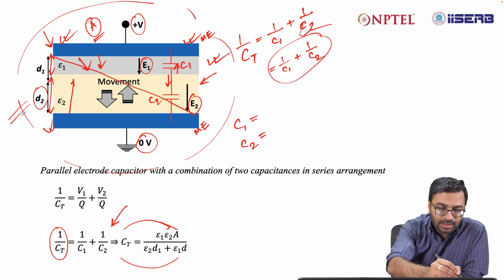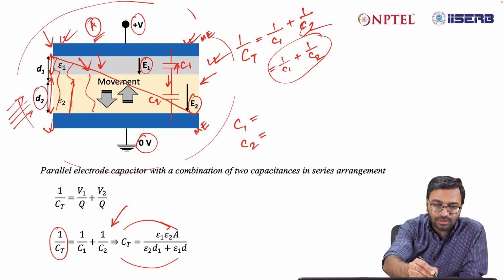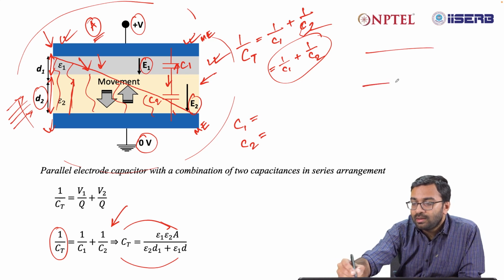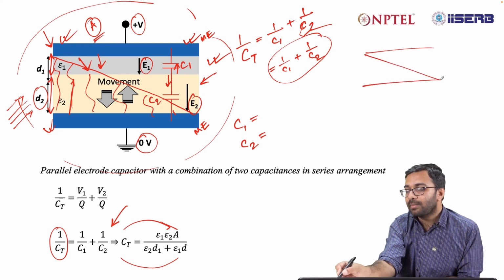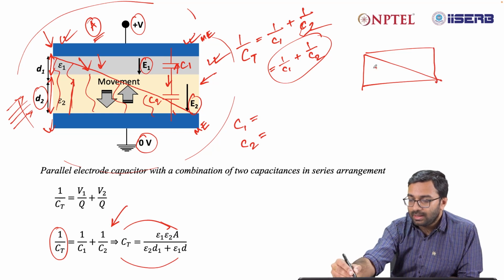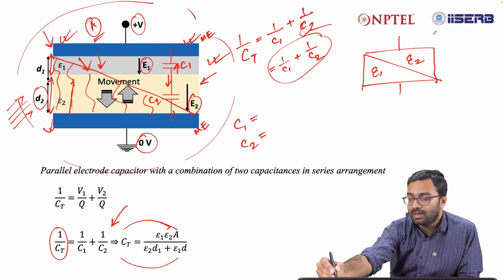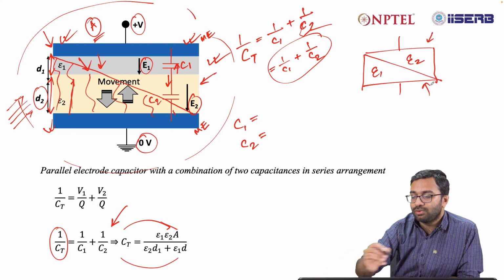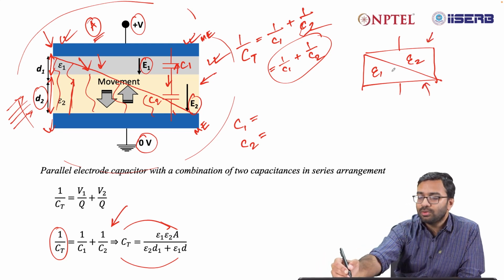So, if you are exposing the chemical from this side, say this part will be reacted first and then slowly it will reduce. So, in that case you have a capacitor which has a dielectric material epsilon 1 in this side, epsilon 2 in this side, then you have two parallel plates in these two sides. This also can be solved.